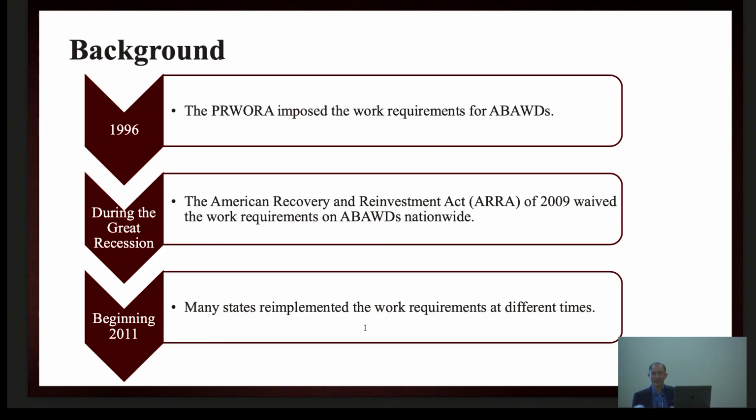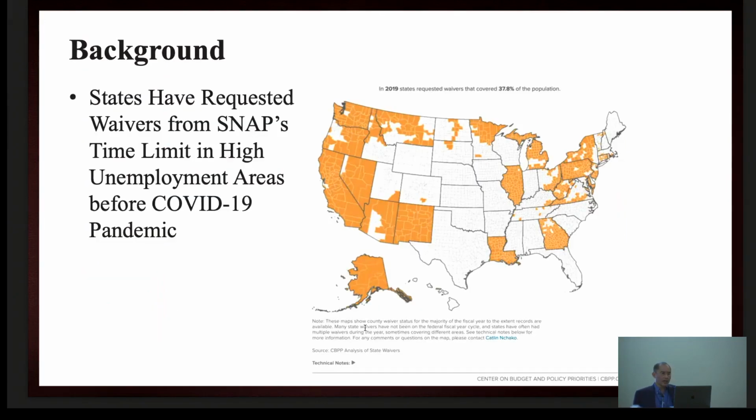Because we can then exploit these policy changes, if you will, if this is of interest to you. Okay? And this was beginning in 2011. States have, and this is one source of controversy, quite a bit of loopholes, if you will. States have actually requested waivers from the SNAP time limit in high unemployment areas in various time periods. Okay?